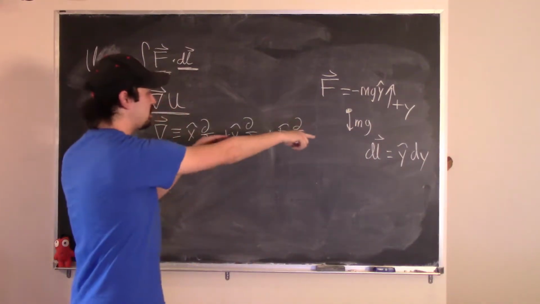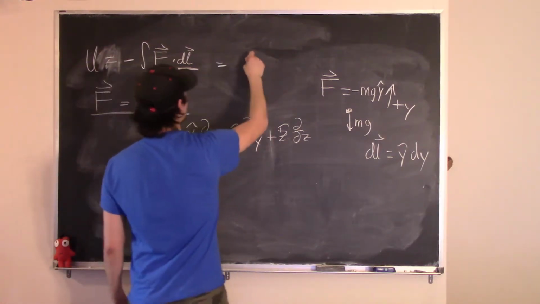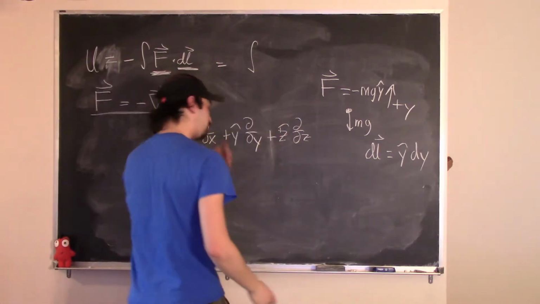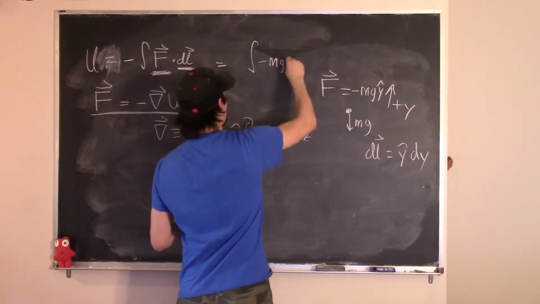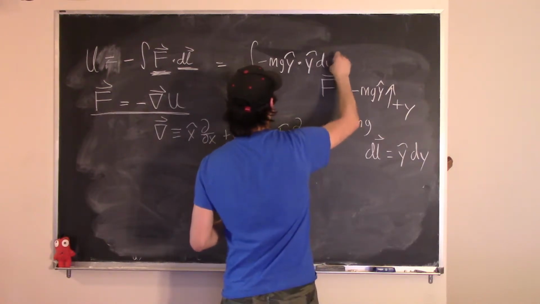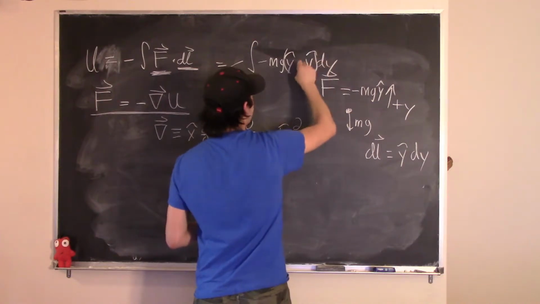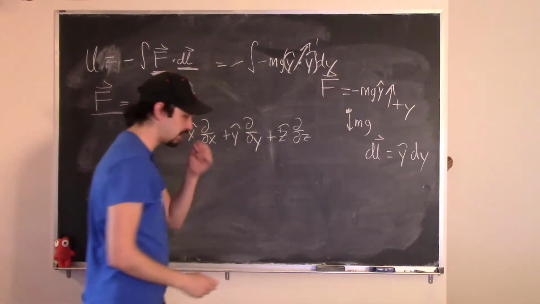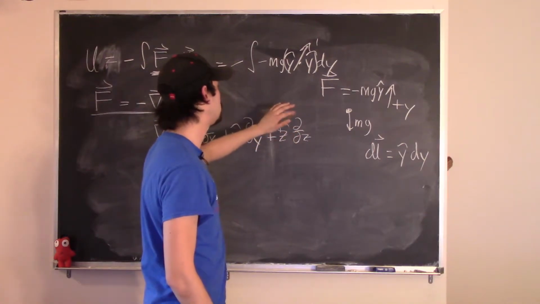So when I plug this in and I evaluate this equation, this says that this is going to be equal to the integral of minus mg y hat dot y hat dy. Okay, so I have a negative sign out front. So y hat dot y hat is 1, because any vector dotted with itself is just the magnitude of the vector squared.